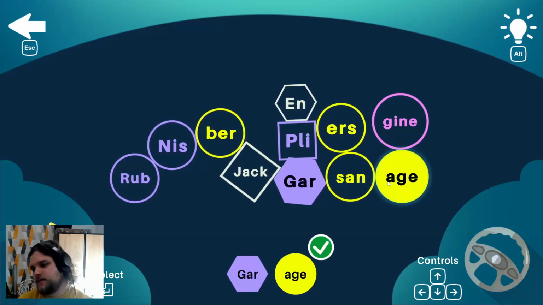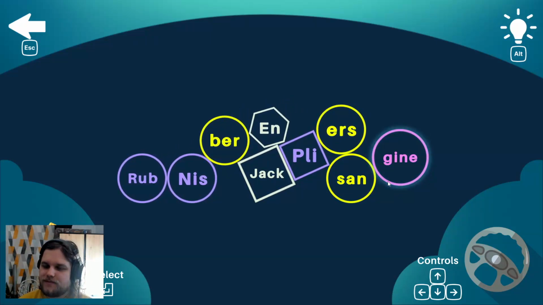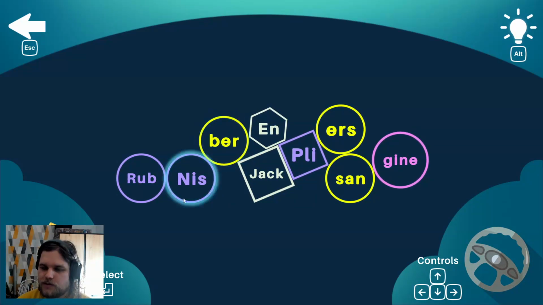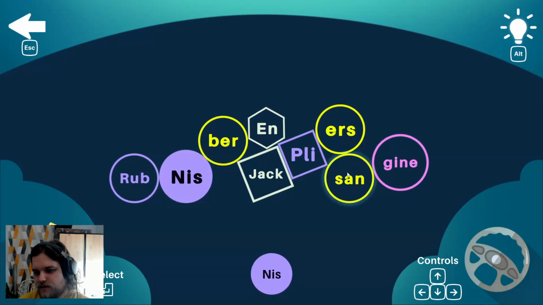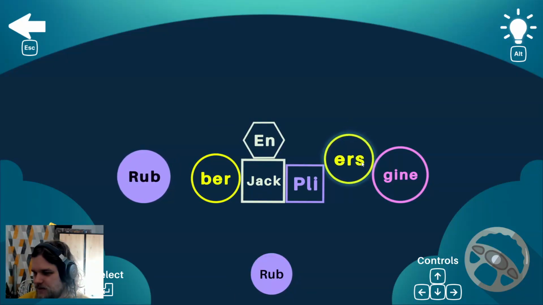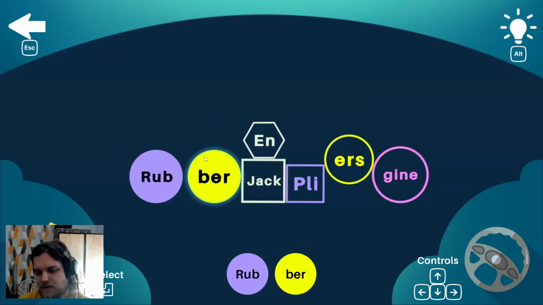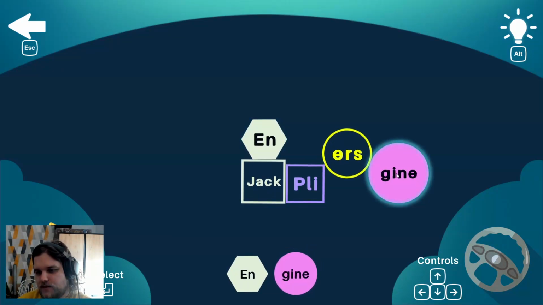A garage. Place where I store those vehicles. Looks like a Nissan maybe? Some, yeah, here. Rubbers maybe? No. Rubber, okay. The part of the tire for engine.